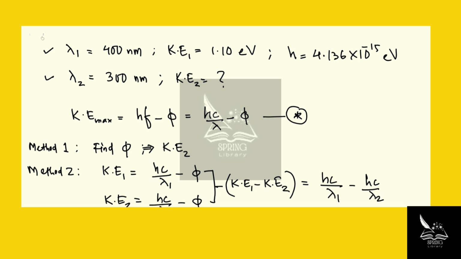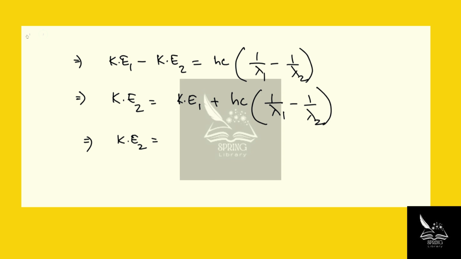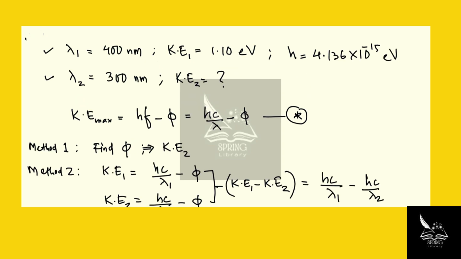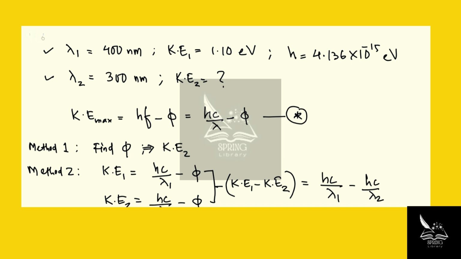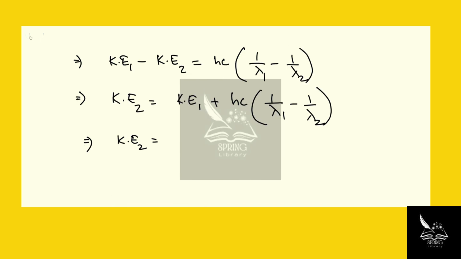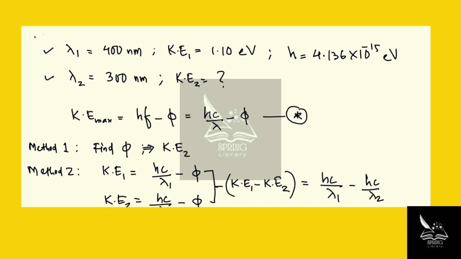So let's substitute the values. And one more thing I need to tell you is, oh, so this is actually electron volt per second. Now C could be in meter per second because we have lambda 1 and lambda 2 in meters.